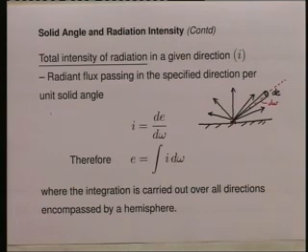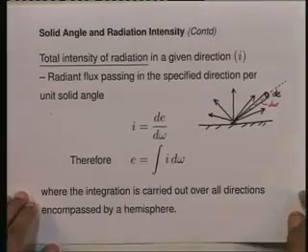And the word total implies that we are talking about something which is summed over all wavelengths. Intensity means you have to sum it over all directions to get the emissive power.